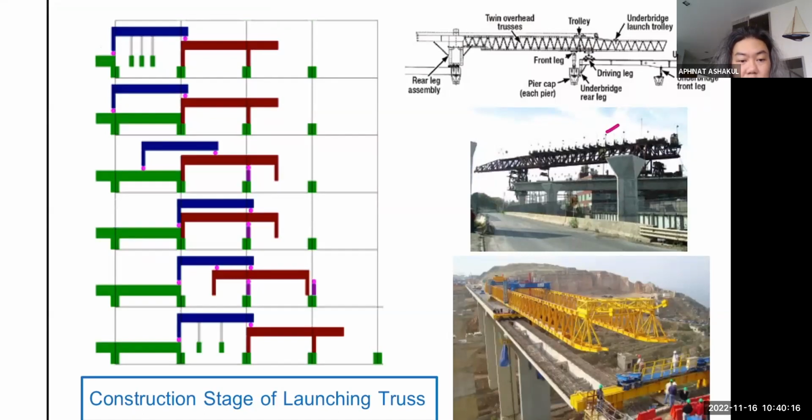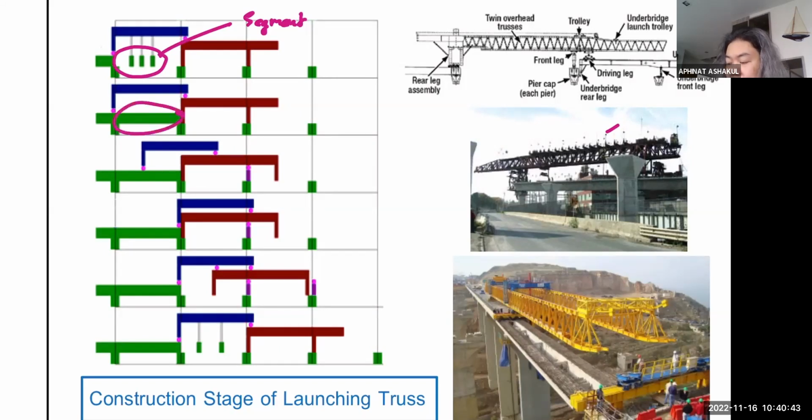It will launch the red one, and when the blue one is here, that is a segment of precast concrete that has been constructed somewhere in a very wide area, and transported mostly by water to the site, and just put on the launching truss and launched.